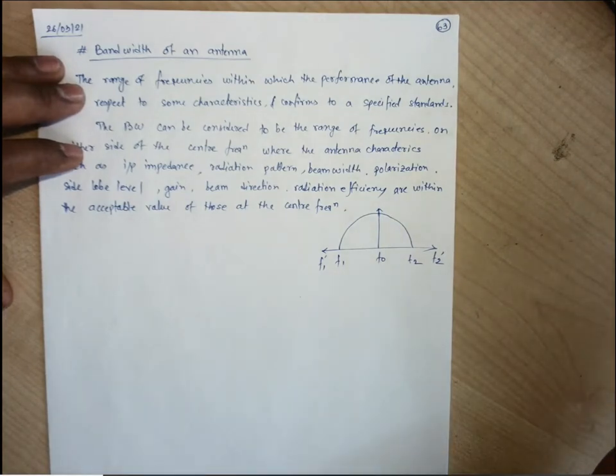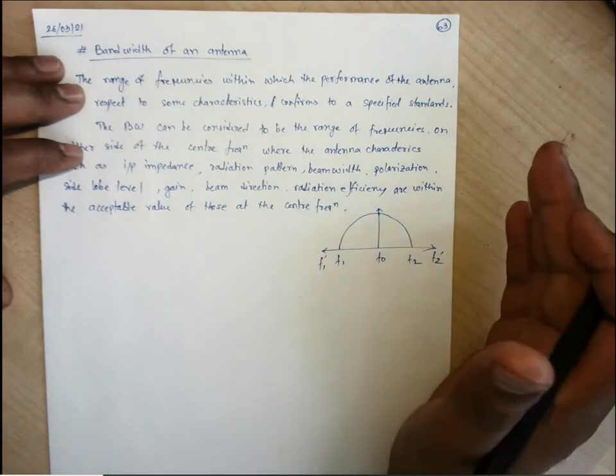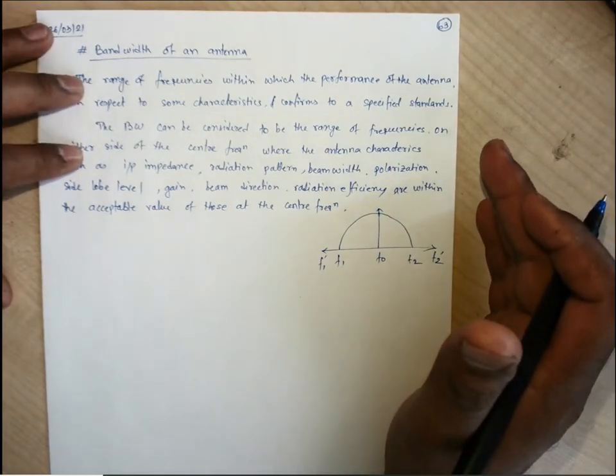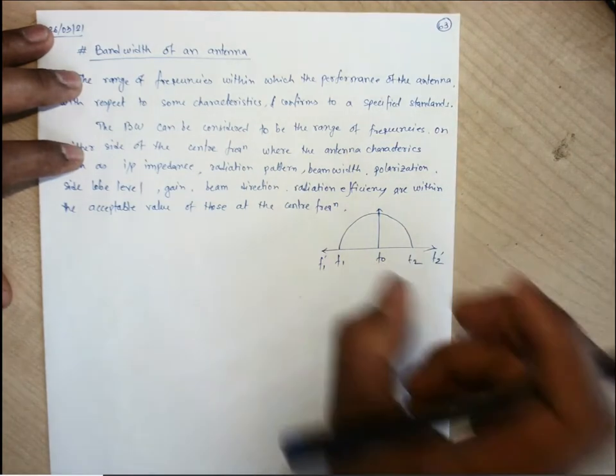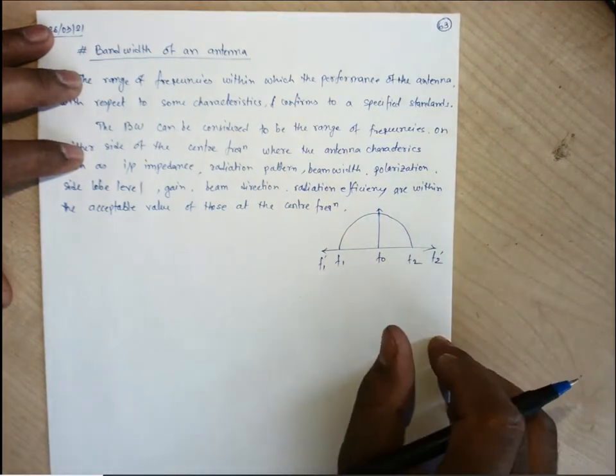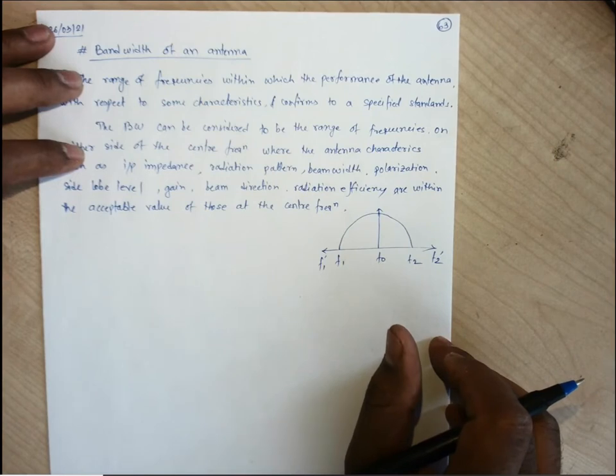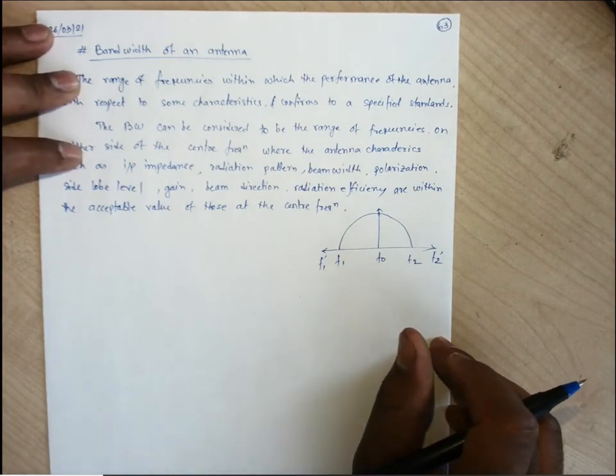Then we can't say it is at our acceptable level for antenna operation. So the frequency range over which all the characteristics are within our acceptable value is the bandwidth of that antenna.